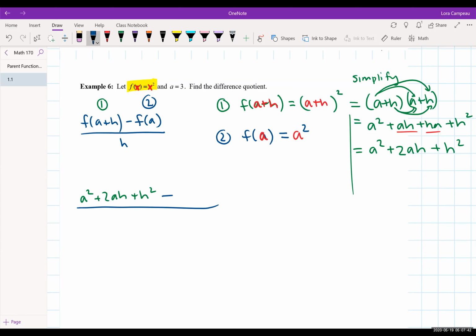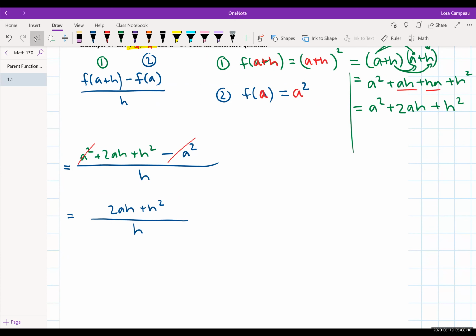So here, if we're subtracting off just one term, all we have to do is use the a squared. That is still all over h. So at this point, if you can, see if there's any combining like terms. Sometimes things cancel out, which we do see, that the a squares neutralize. So we end up having 2ah plus h squared over h.